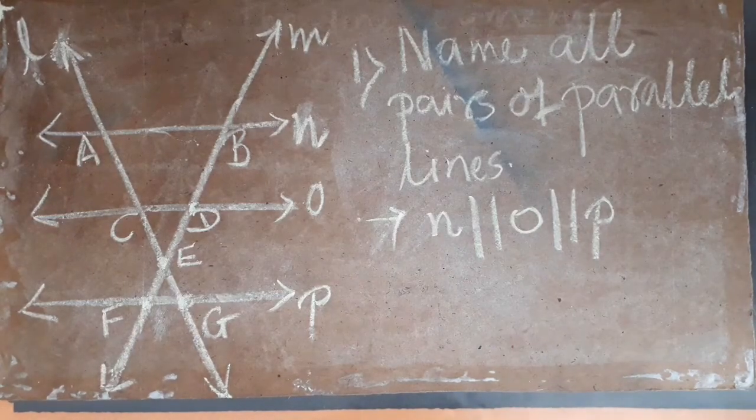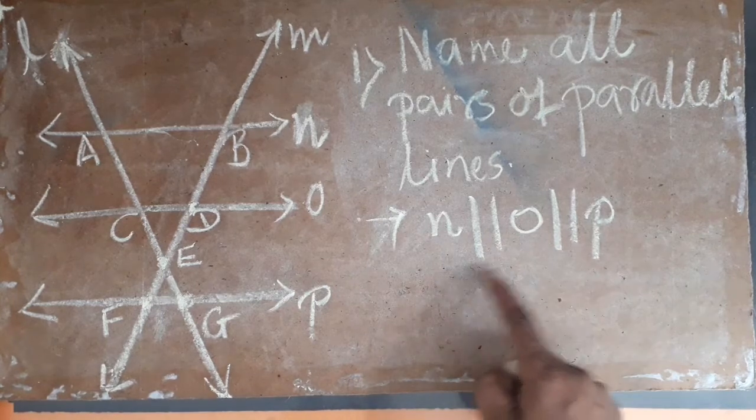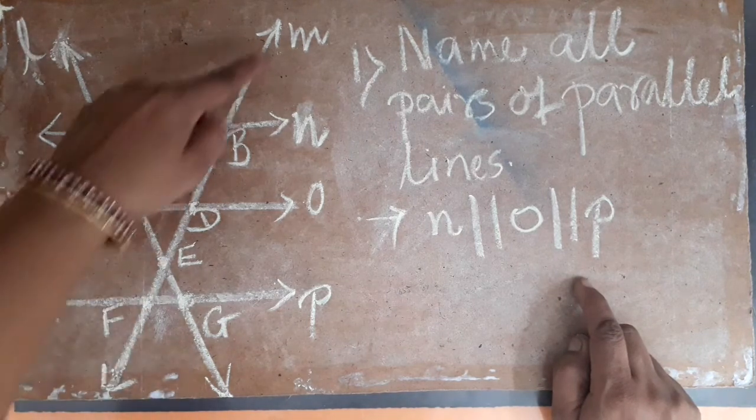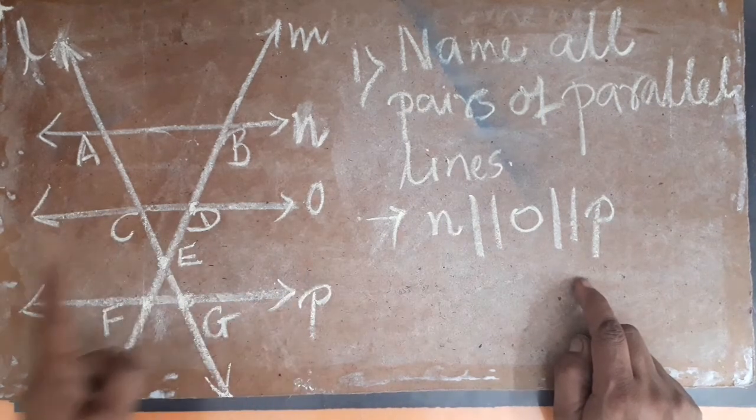Consider this question. You have to write the names of pairs of parallel lines. Parallel lines means they should not meet each other. Here you can see these lines N, O and P. These are the three parallel lines. If I am talking about line L and line M, then they meet each other at some point, so they are known as intersecting lines, whereas these lines are parallel lines.